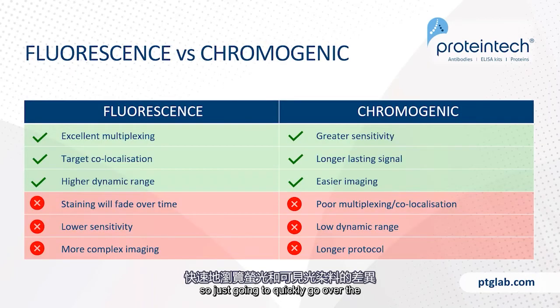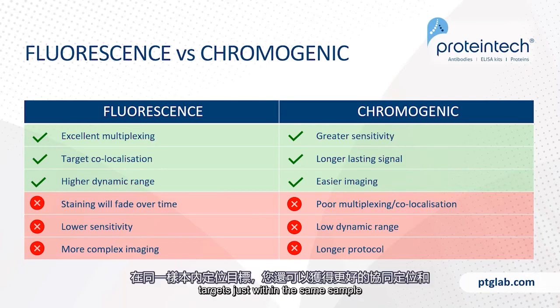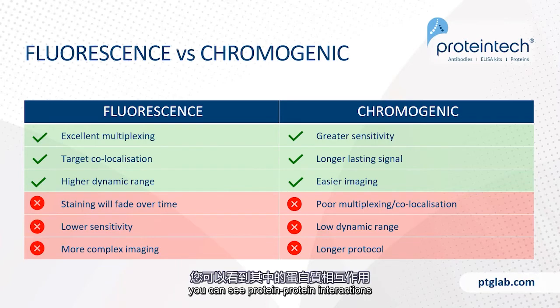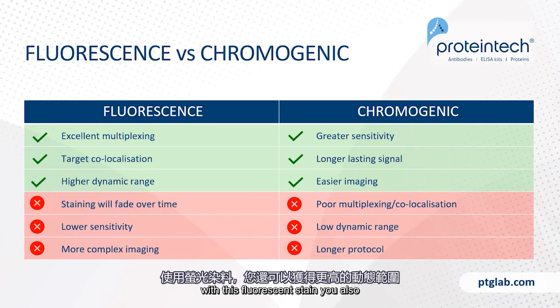So I'm just going to quickly go over the difference between fluorescent and chromogenic stains. Fluorescent staining is excellent for multiplexing, as it allows you to image multiple targets within the same sample. You also get better co-localization, and you can see protein-protein interactions with fluorescent stain.